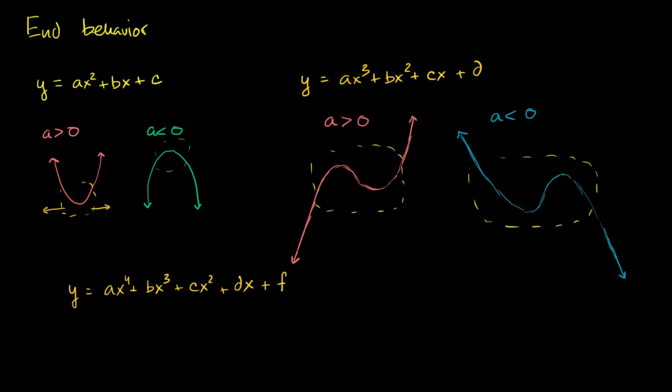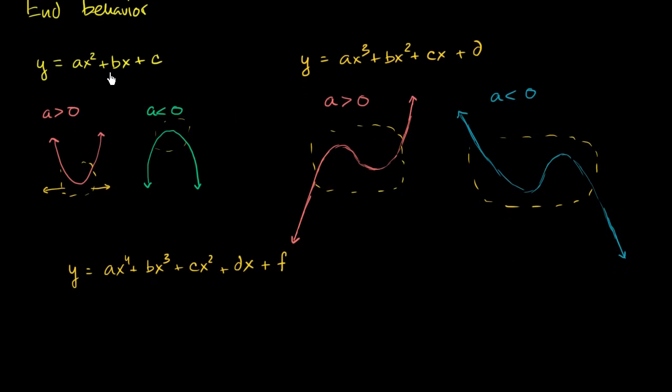Let's think about its end behavior, and we can think about it relative to a second degree polynomial. So its end behavior, if x is really negative, x to the fourth is still going to be positive, and if a is greater than 0, when x is really negative, we're going to have really positive values, just like a second degree.